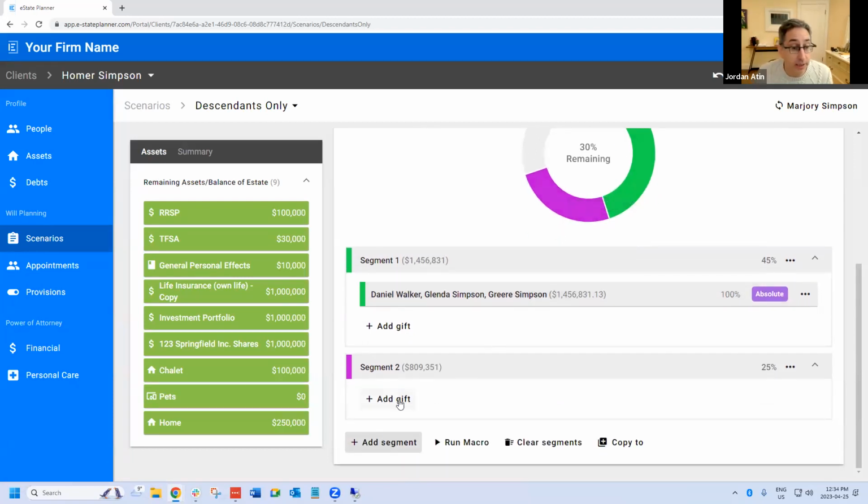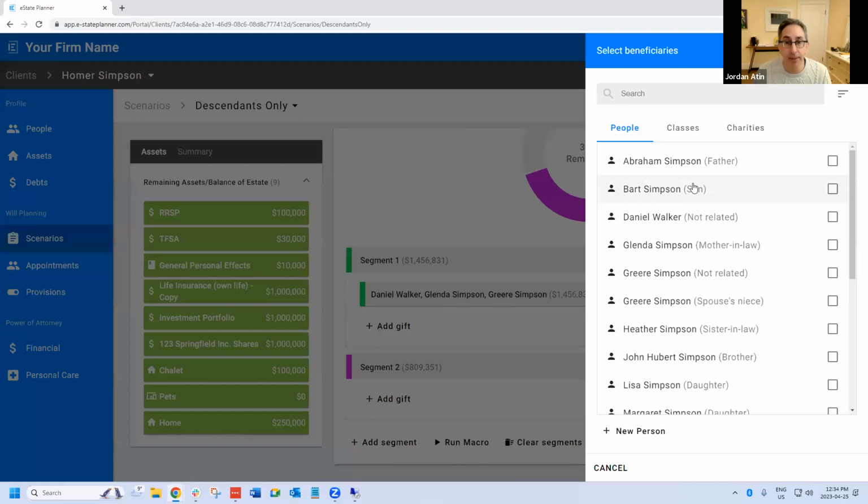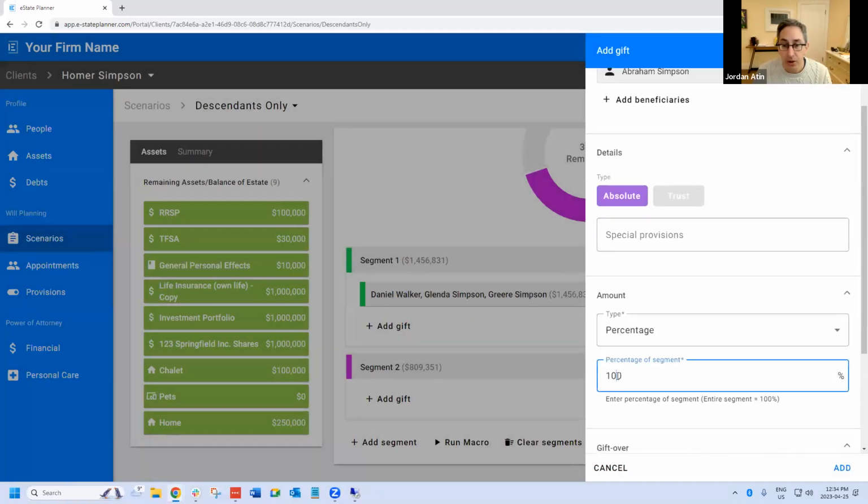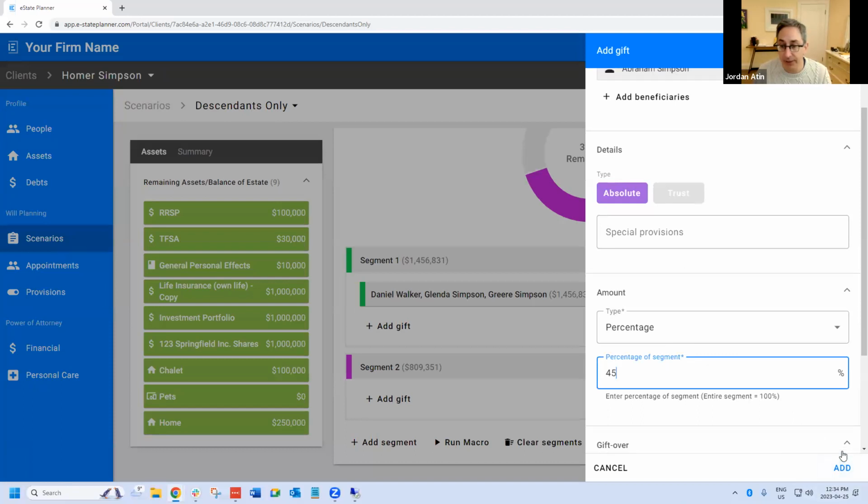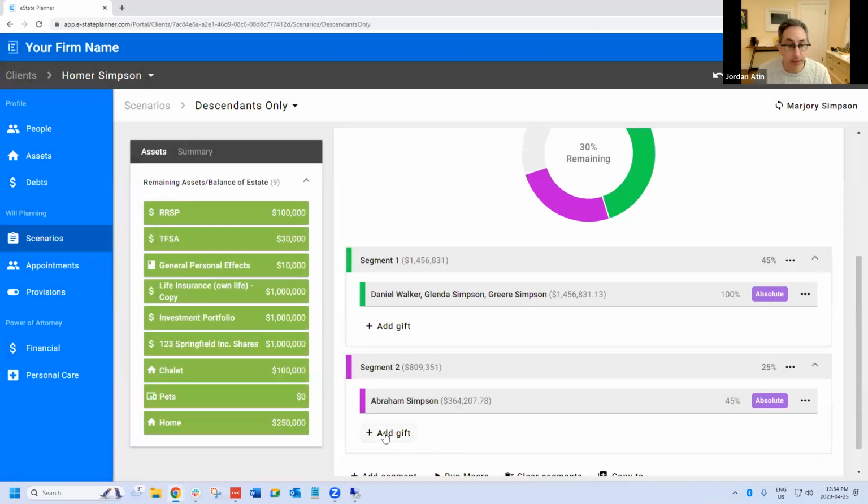Now, what do we want to do here? Well, remember, we need this segment if we're going to split this 25% into different fractions. So our plan is to divide that 25% unequally among different people. So Abraham is going to get, let's say, 45% of that 25%. Okay.